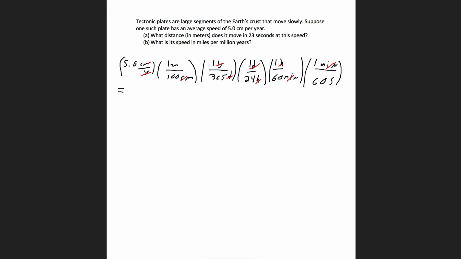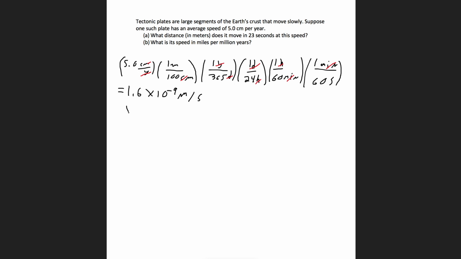If we multiply that all out, we will end up with about 1.6 times 10 to the minus 9 meters per second. A very small number, we'd expect that because a continent doesn't move very far in just one second. Okay, so there's our speed in meters per second.